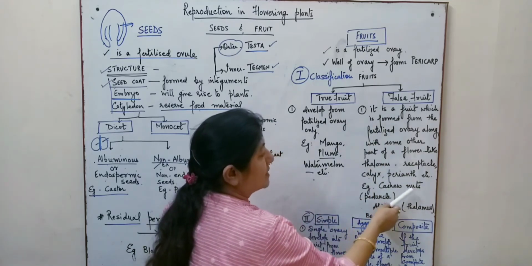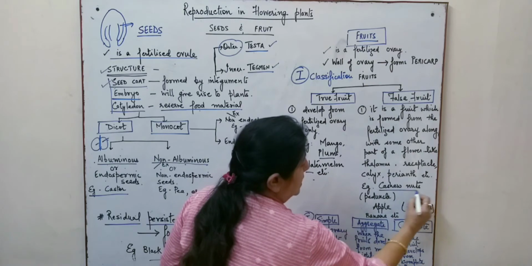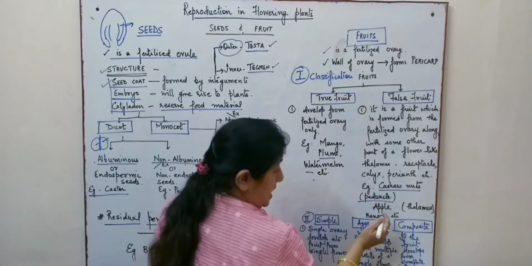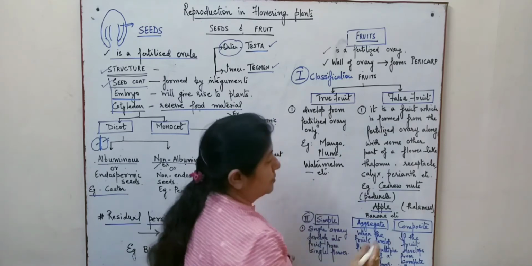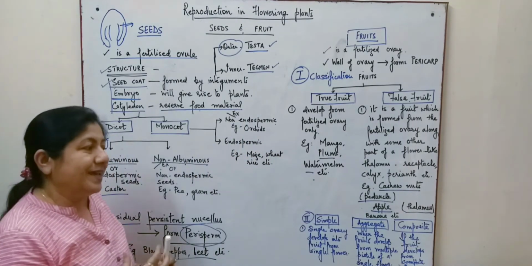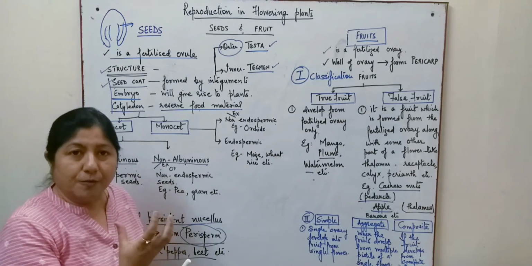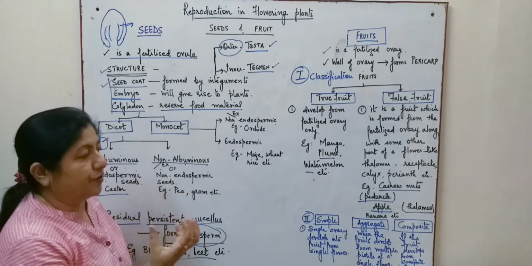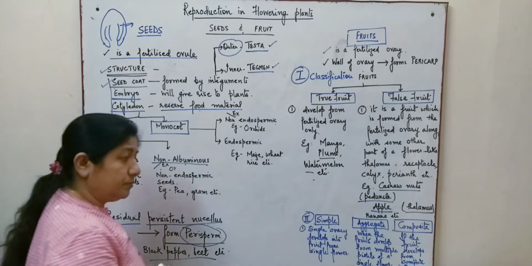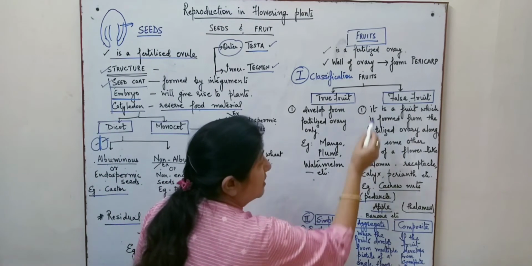An example is cashew nut, where the peduncle plays a role in the formation of the fruit. Apple, a very common fruit, has the thalamus. The main edible part here is the thalamus. The fruit formation is actually not from the ovary. Banana is another example.